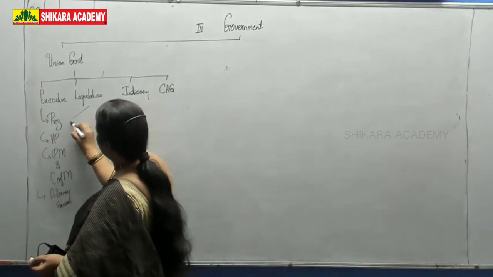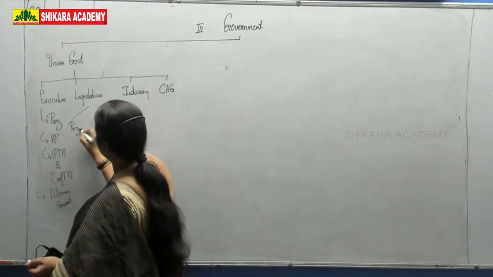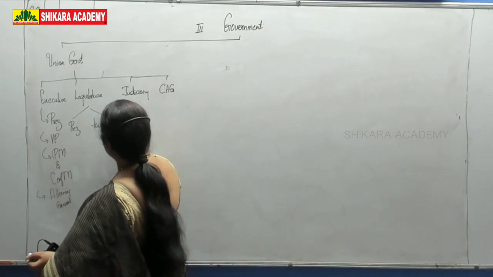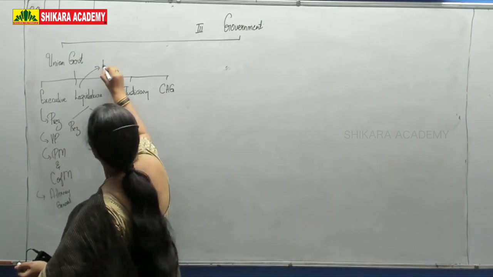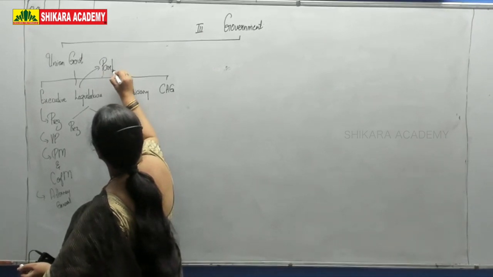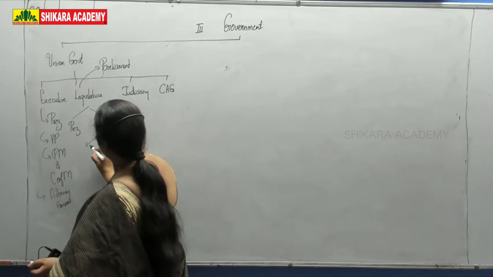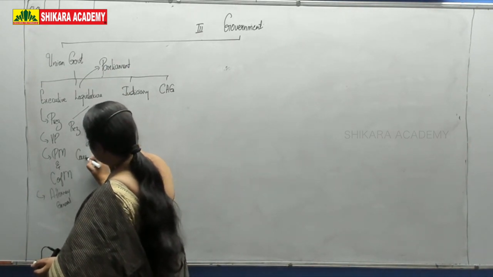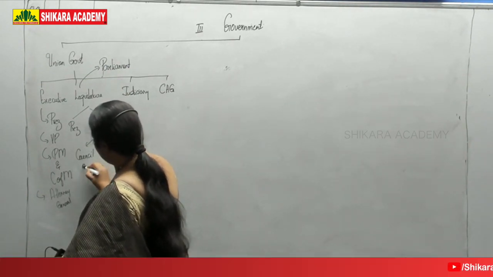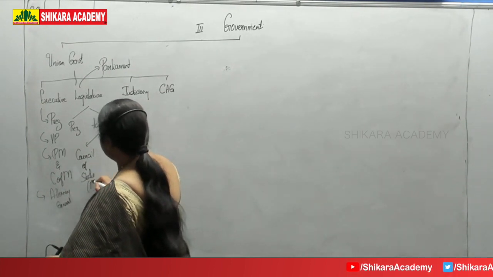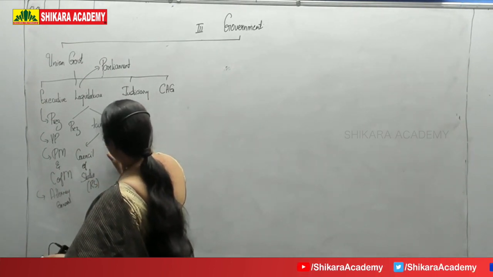Legislature, it is the President and two houses. What are the two houses in Parliament? The Union legislature in India is called Parliament, and in Parliament you have the Council of States, which we generally call Rajya Sabha, and the House of the People.